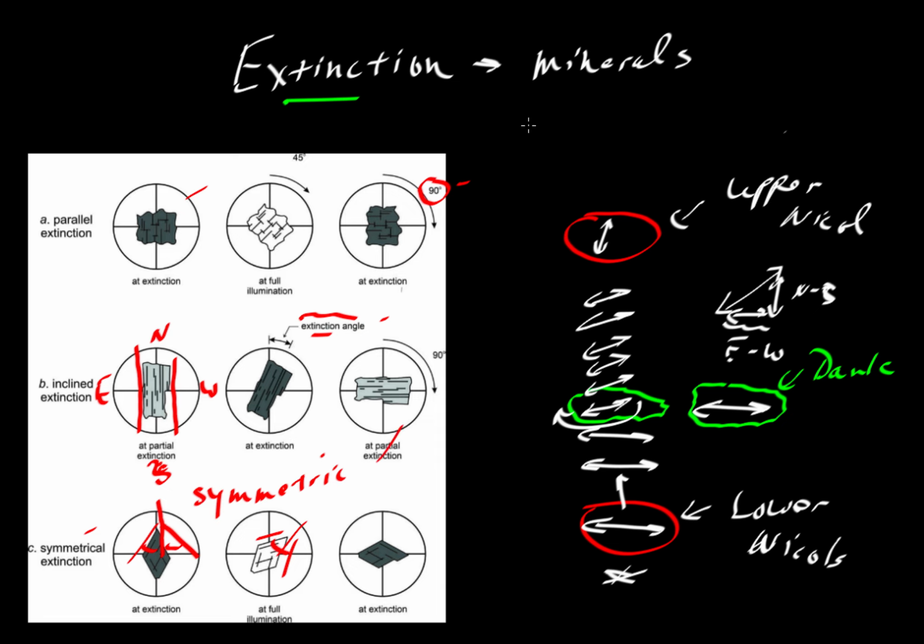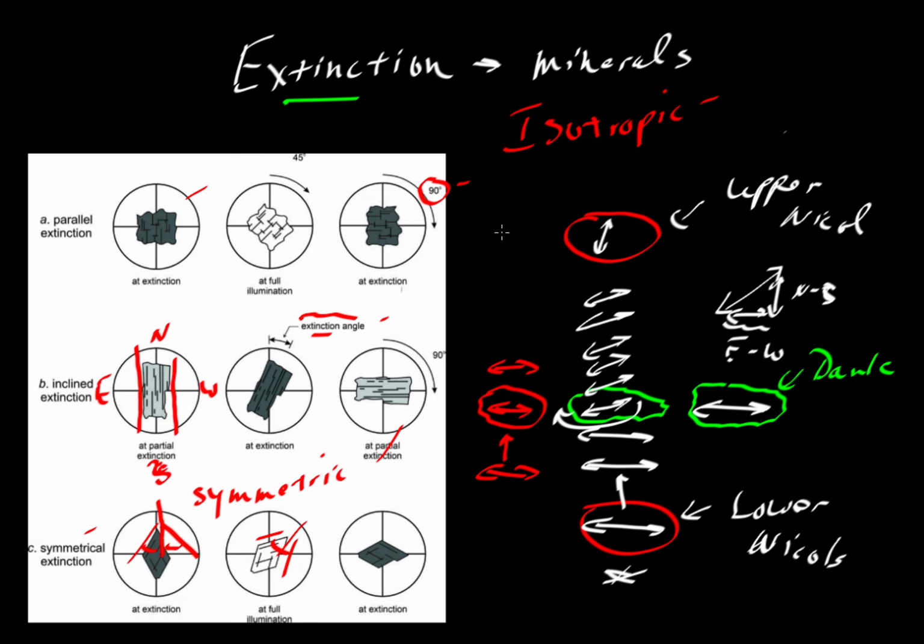And then finally, we should mention something about isotropic minerals. Any mineral that falls into the cubic or isometric class would be isotropic. What does that mean? That means when these east-west rays hit this mineral, there's going to be no bending of the light rays. If it goes in east-west, it's going to come out east-west.